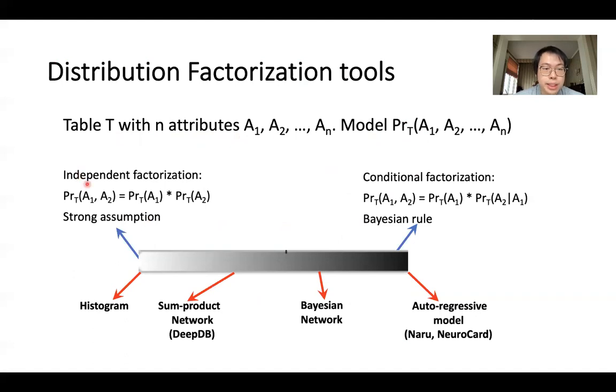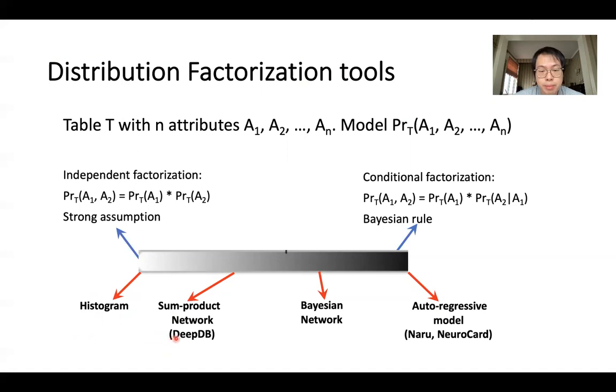The first one is independent factorization. Basically, it tries to decompose the joint distribution of multiple attributes into their product. A good example of cardinality estimation using such factorization is the histogram, which assumes all attributes are independent of each other. Histogram is very inaccurate, but it is very lightweight and fast.